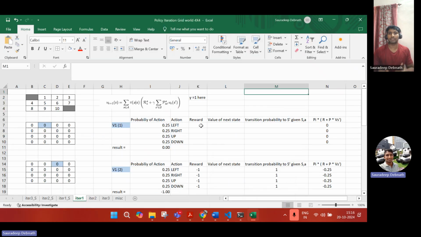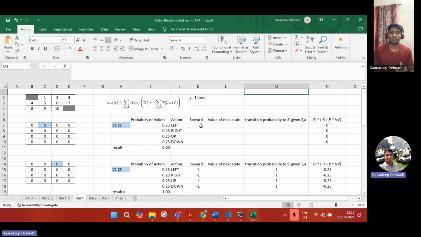Just to summarize, there is a policy evaluation step which we do iteratively, and then there is a policy improvement, where we are greedy with respect to the current policy. Then we get a new policy, then we do the policy evaluation with respect to the new policy, and so on and so forth till convergence.